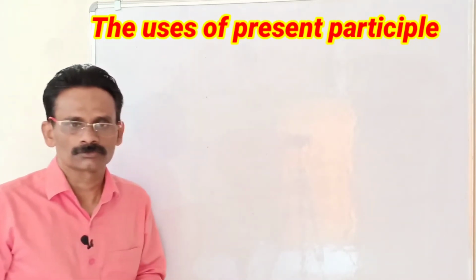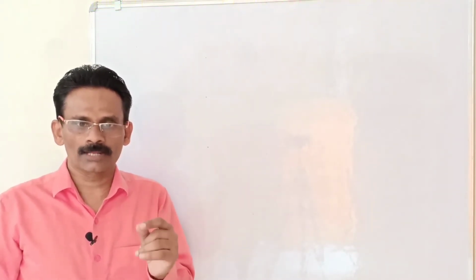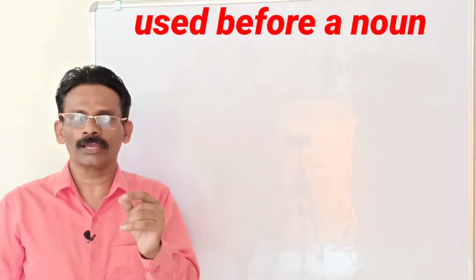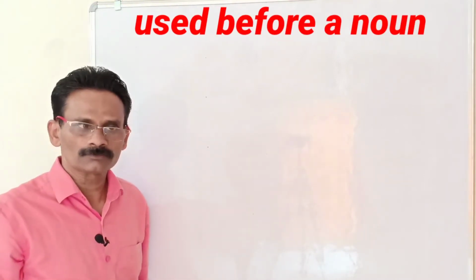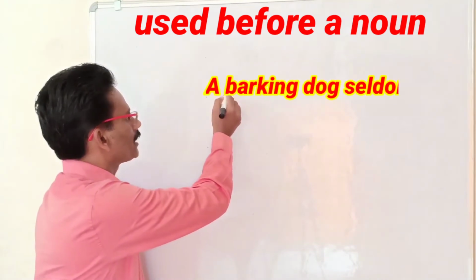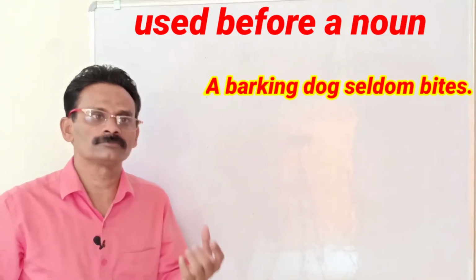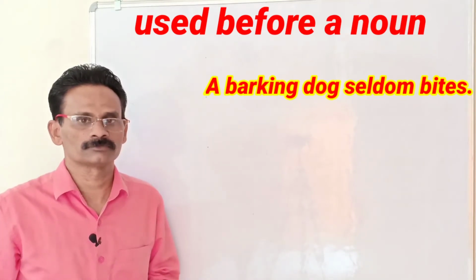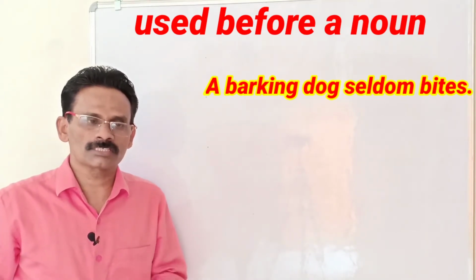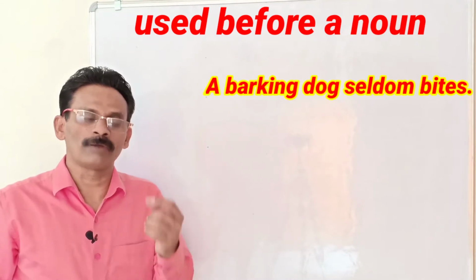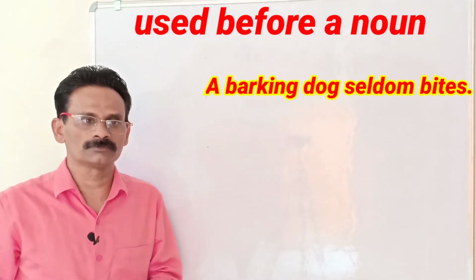First use, present participle can be used before a noun. For example, a barking dog seldom bites. Here, which is the finite verb? Bites is the finite verb.